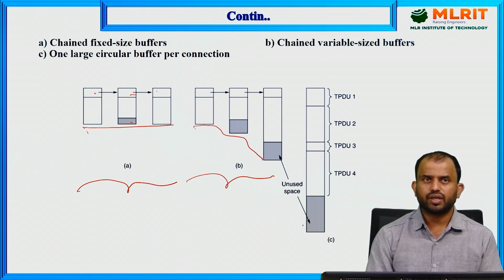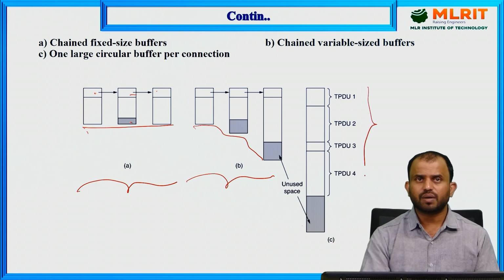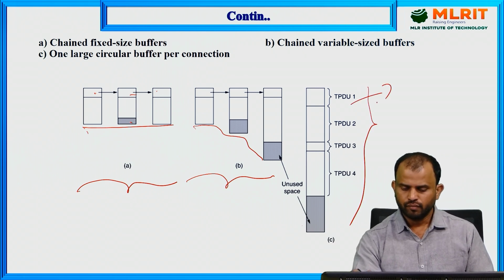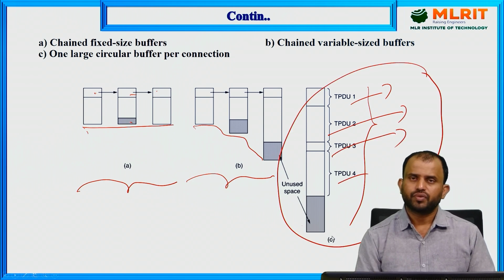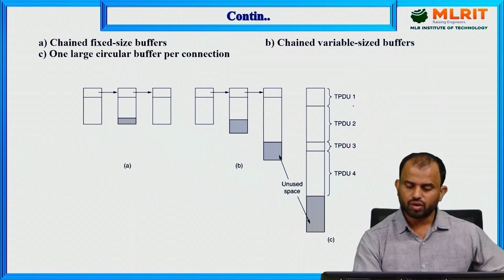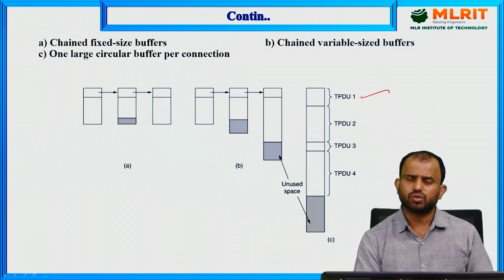Then there is one large circular buffer per connection. When you see this, the protocol data units 1, 2, 3 and a number of connections are there.